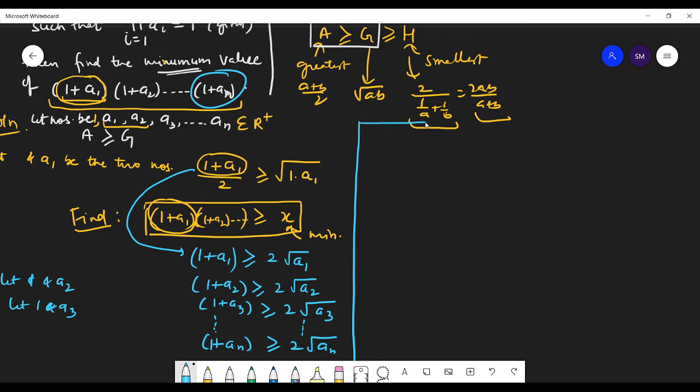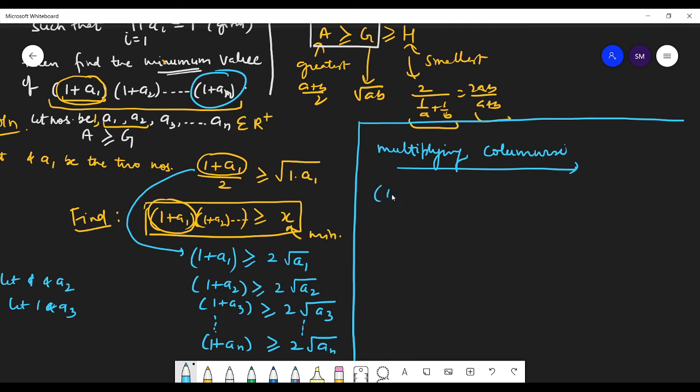So now you will be multiplying column wise. Multiply this column.